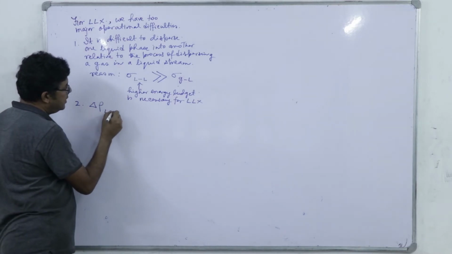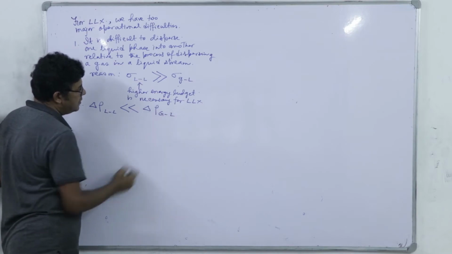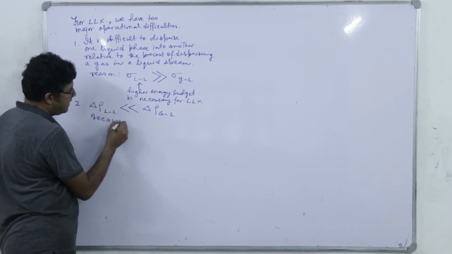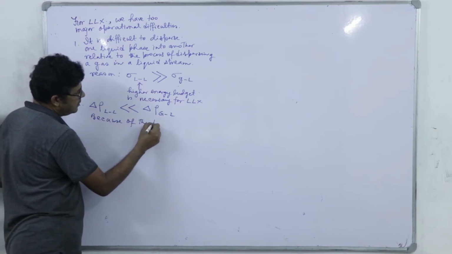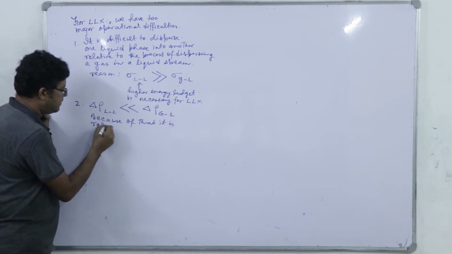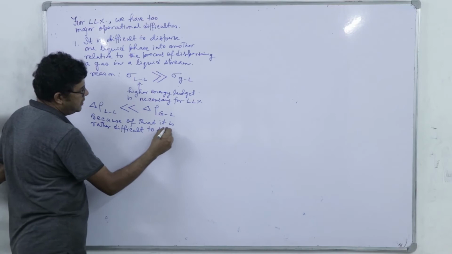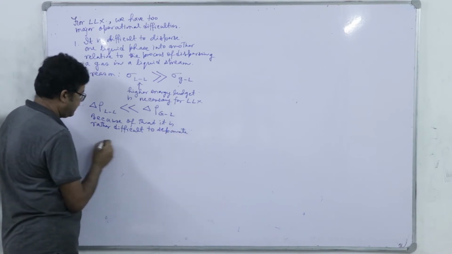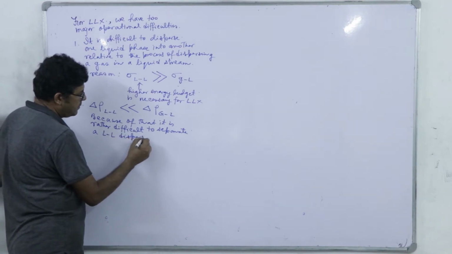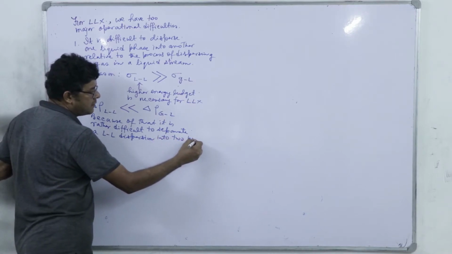The second operational difficulty: delta rho of liquid-liquid is much lower than delta rho of gas-liquid, and because of that it is rather difficult to separate the liquid dispersion into two pure phases.